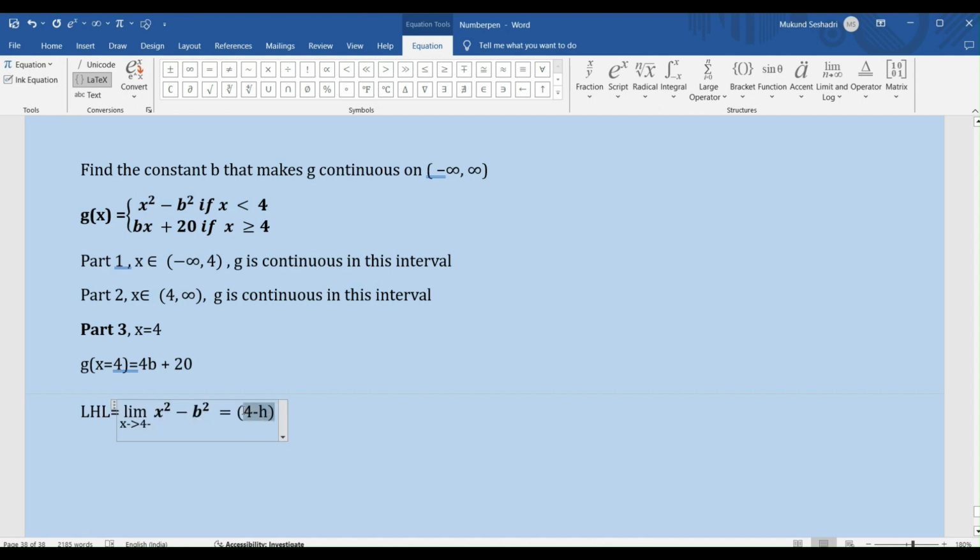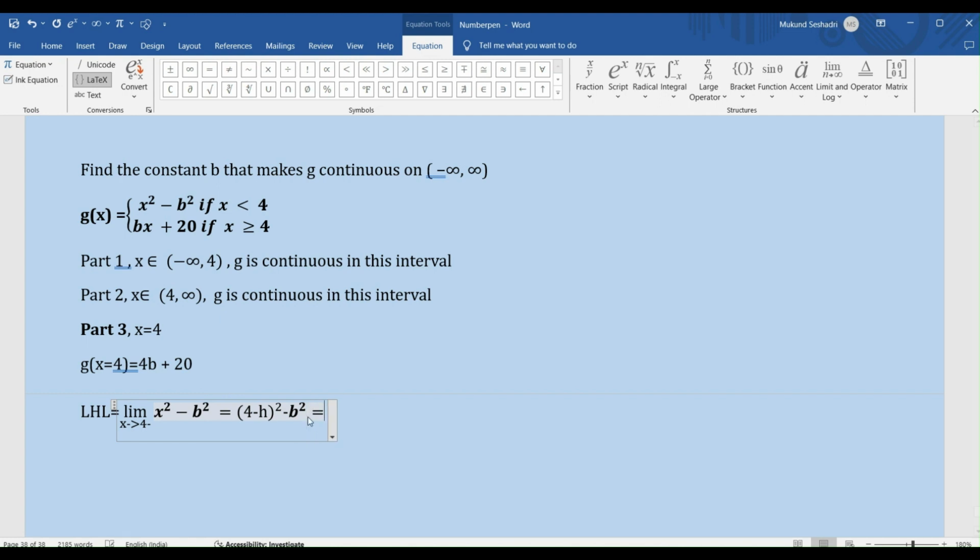h is going to be infinitesimal and tending to 0, right? So we do a direct substitution of x here and we end up with 4 minus h the whole squared minus b squared, right?